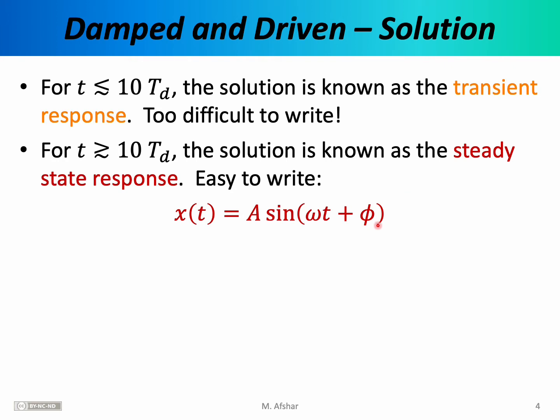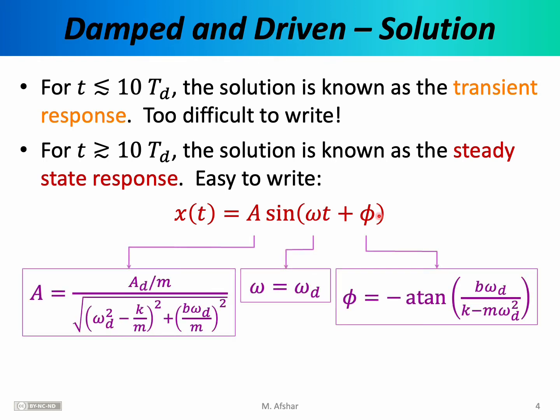However, there is a catch: the amplitude, the angular frequency, and the phase constant can in general be quite complicated. A little more precisely, during this steady state response period, this late time behavior of the mass spring system, the amplitude is given by this horrendous formula here. This formula is telling you that the amplitude of the oscillations is related to the amplitude of the driving force.